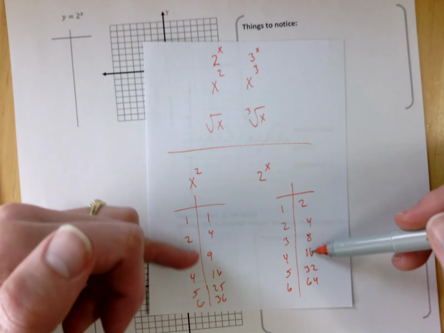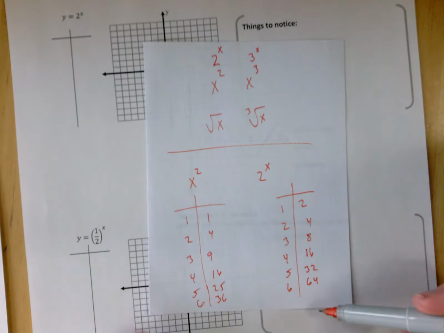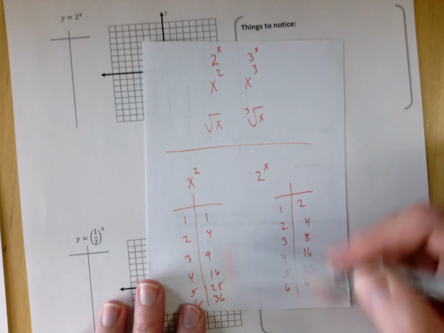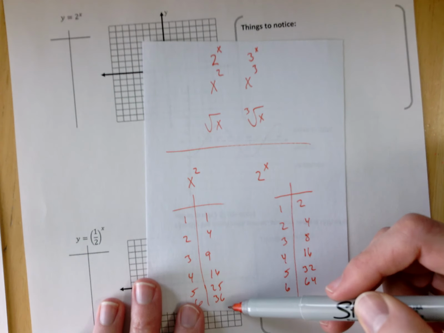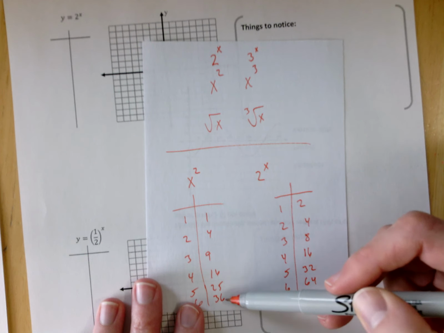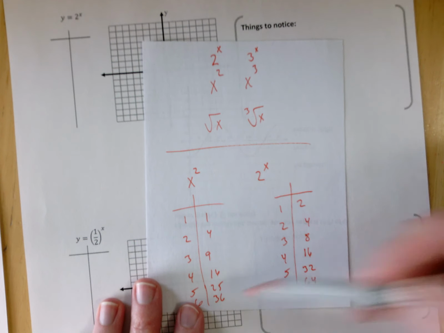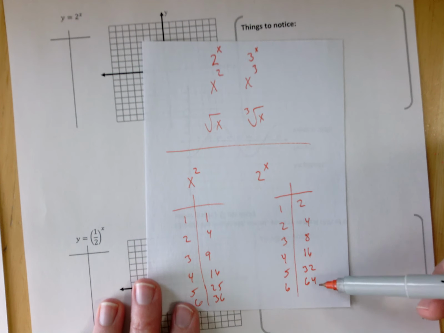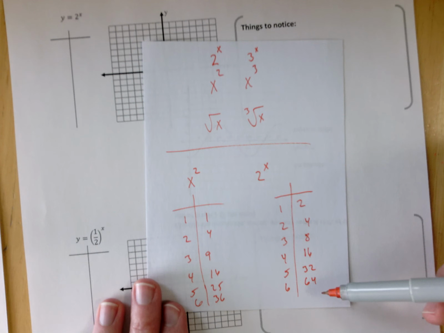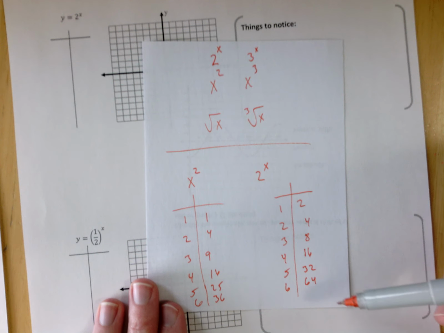But if you pay attention to what's going on with these numbers here, they're going to keep getting bigger, but not all that fast. Our next numbers are going to be like 49 and then 64 and then 81. But the next numbers over here are going to be 128 and then whatever 128 times 2 is, that's 200 and something, and then that's up to like in the 400s.